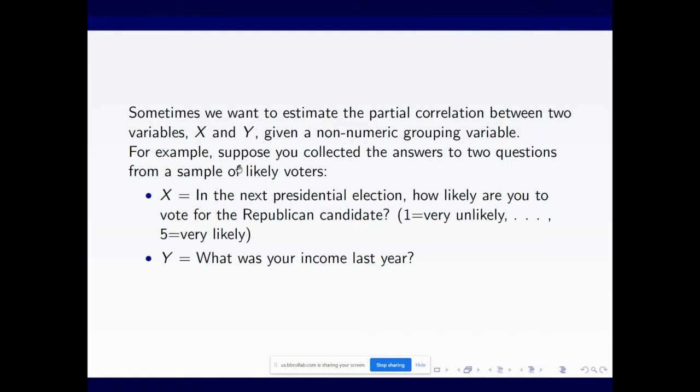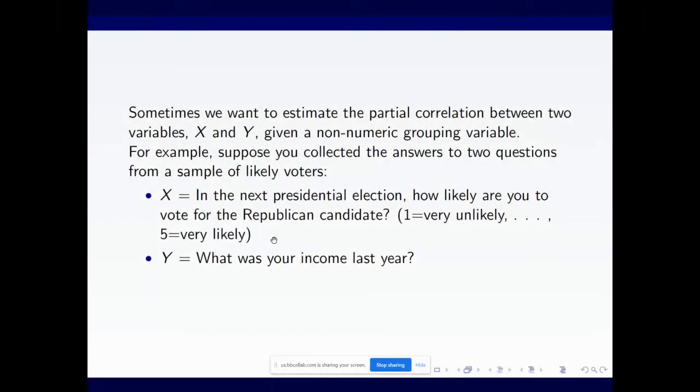For example, suppose you collect information on two questions from a sample of likely voters. So x is: in the next presidential election, how likely are you to vote for the Republican? 1 is very unlikely, and 5 is very likely.